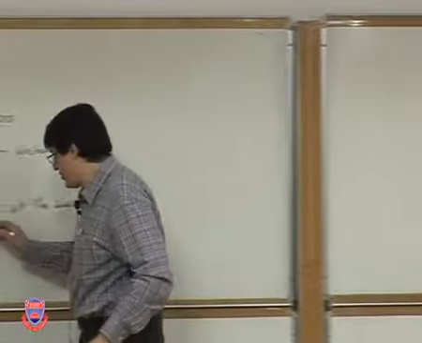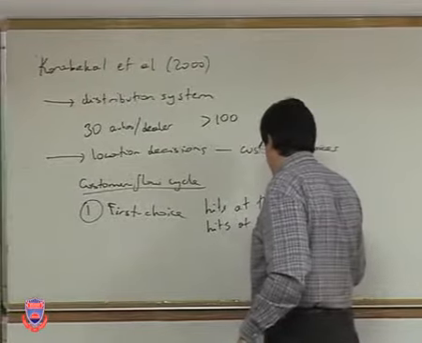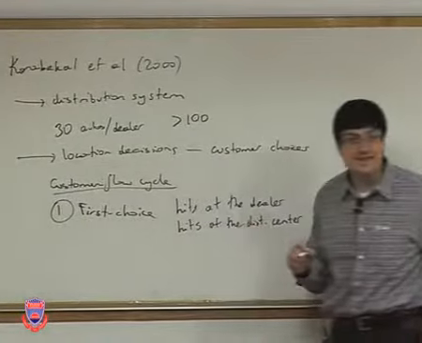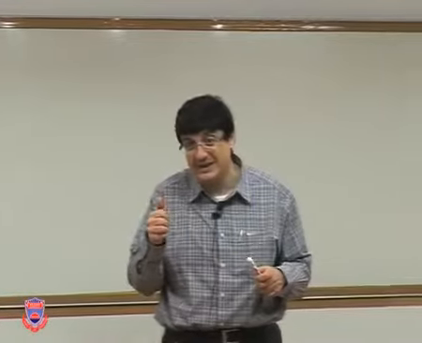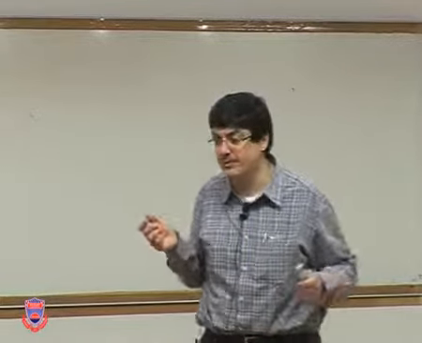Now, first choice may hit at the distribution center. In that case, there might be a possibility that the customer would leave because the customer may not be even willing to wait for, let's say, 48 hours.